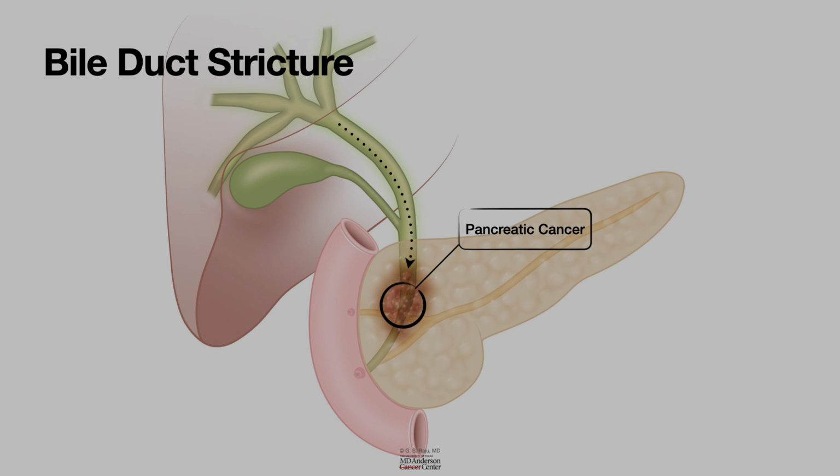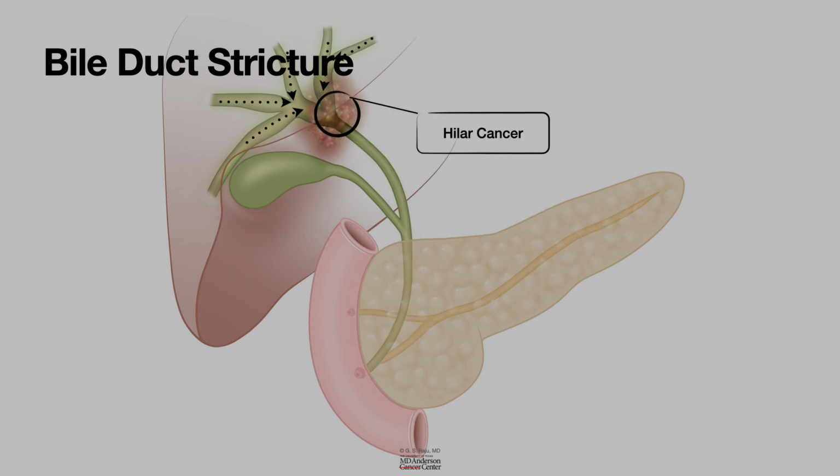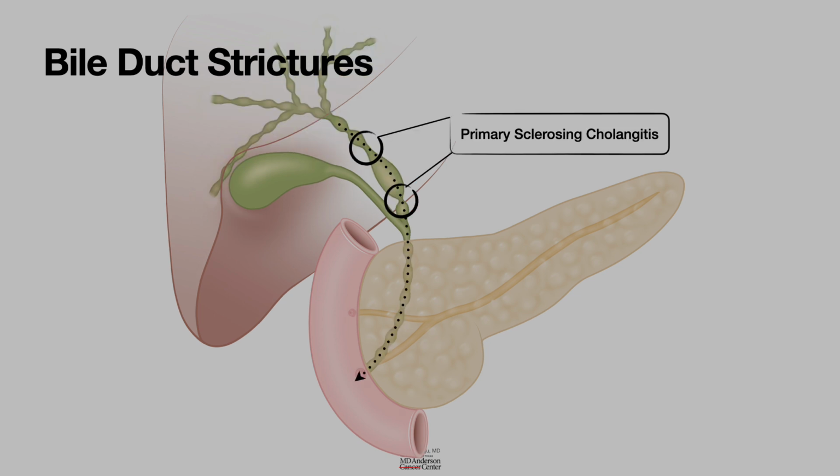In the head of the pancreas, pancreatic cancer, or cancer of the bile duct, cholangiocarcinoma. Or it could be hilar cancer, where the confluence of the ducts gets blocked. Or you could have multiple strictures from inflammation. This is called primary sclerosing cholangitis.